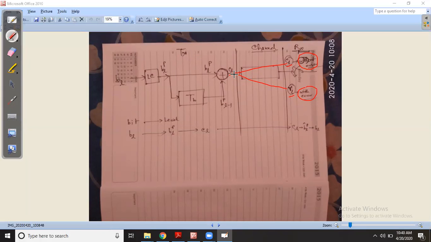If CL is received at the receiver with some error, then we denote it by RL. Now from this CL or this RL, what do we have to get back? We have to get back the voltage level.